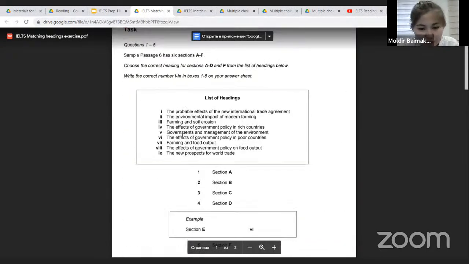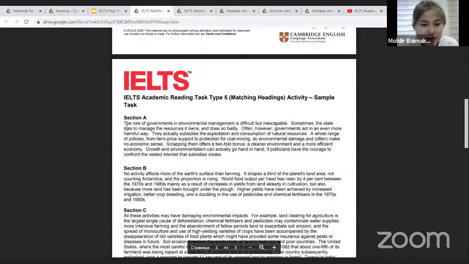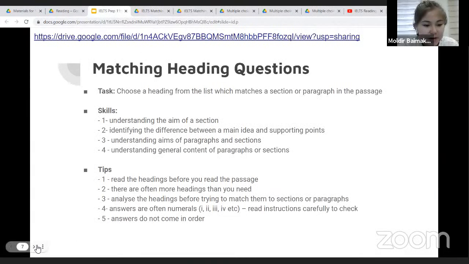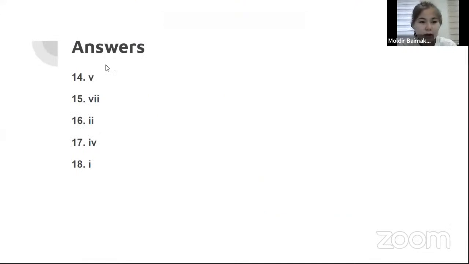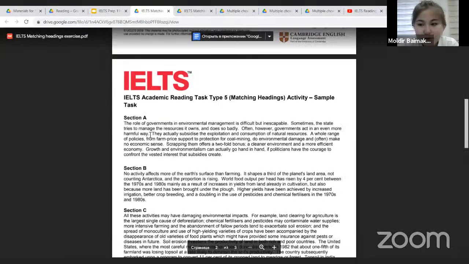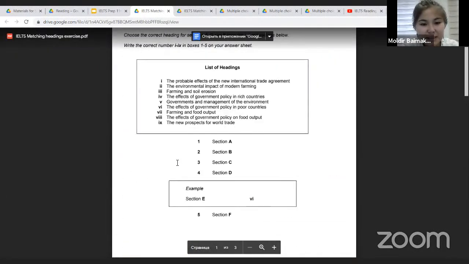Five. Okay, governance and management of the environment. For A, it goes, but the answer says that the first one is right. Okay, then there's no need to discuss this one, right? Yep.